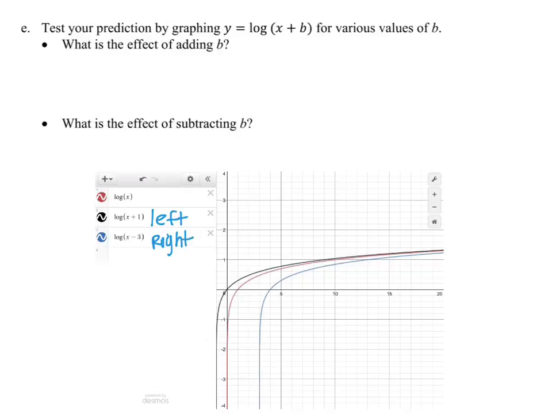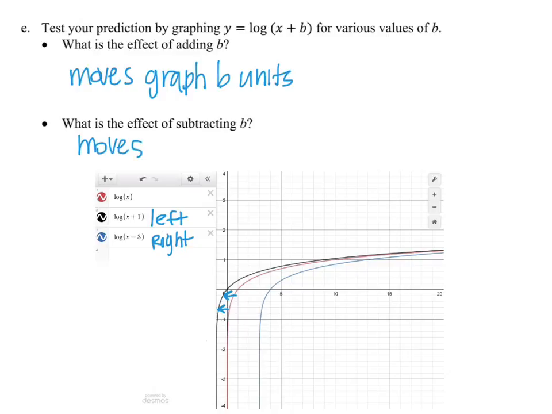So adding moves my graph to the left b units, and subtracting is going to move my graph to the right. It's the same thing as when we did quadratics last year.